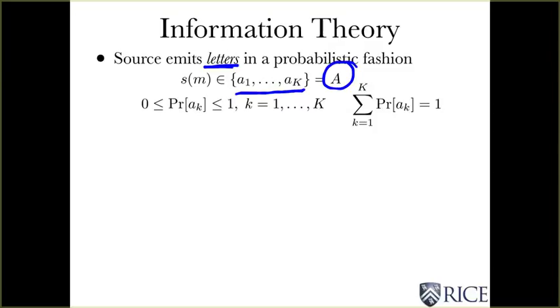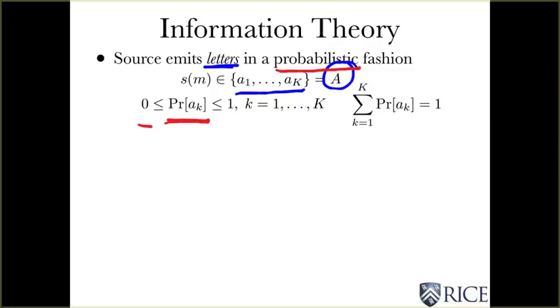What Shannon did, which was really an important assumption, is he assumed that these came out of the source in a random or probabilistic fashion. He assumed each letter had some probability. What those probabilities turn out to be depends on what the source is.